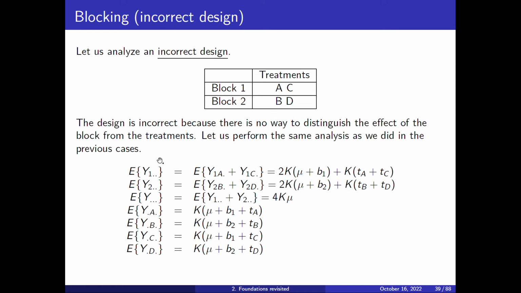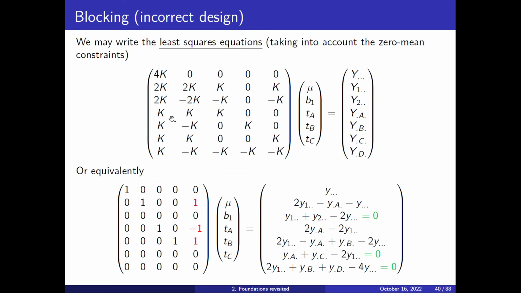Okay, we do the same kind of analysis that we did before. So we compute what is the expected value of each one of the sums, group 1, group 2, the overall sum, group A, B, C, and D. And then we set up our equation system for the least squares, and we simplify this one, and then let's see what we have.